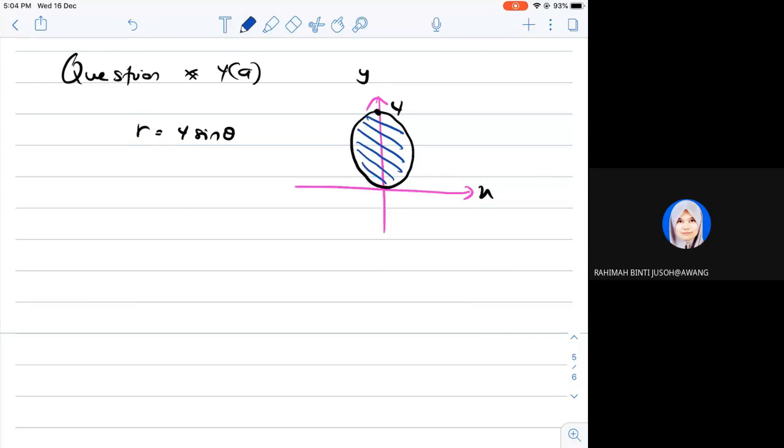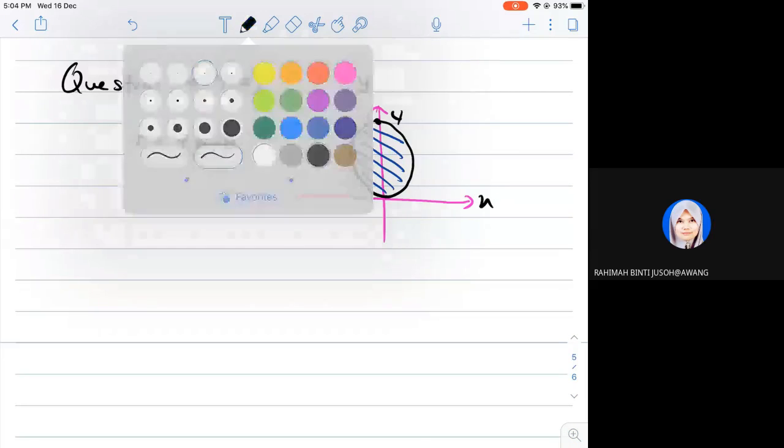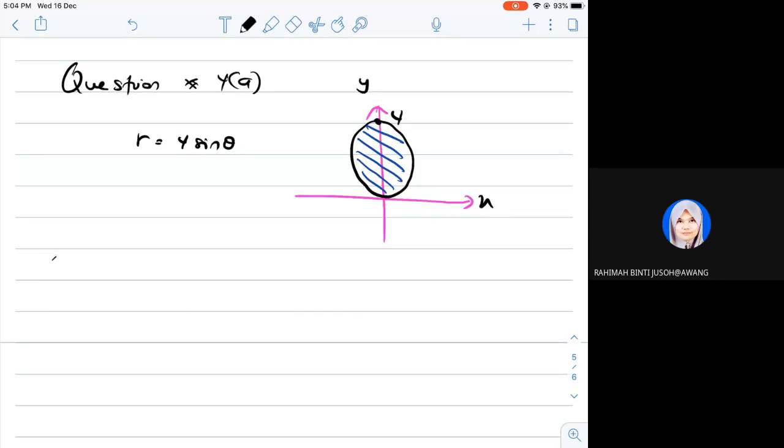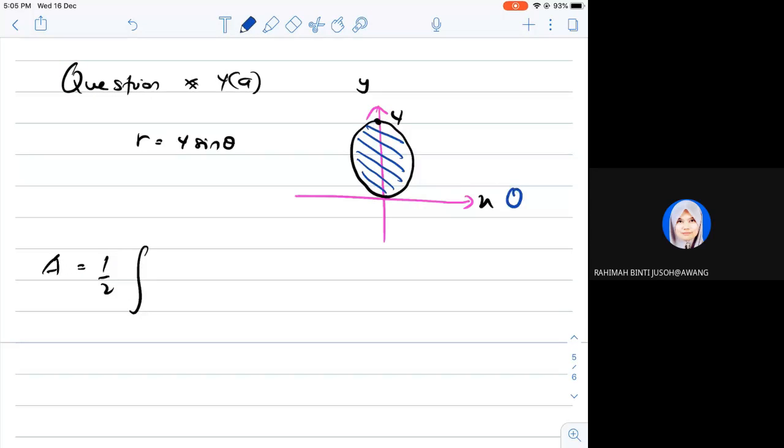Okay guys, can you give me the bounded angle? I want to calculate the area now. 1 over 2, the angle starts from? Just look at the figure, just look at the region. Theta from 0 until theta equals pi over 2? Not pi over 2, pi. Very good.